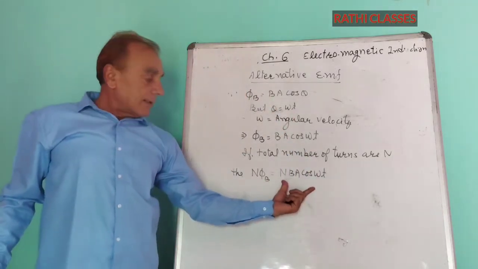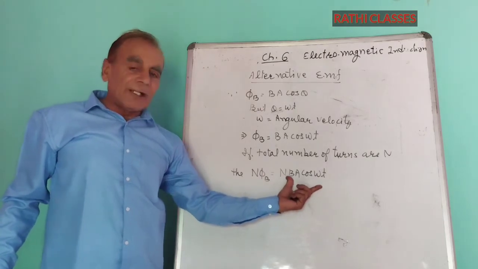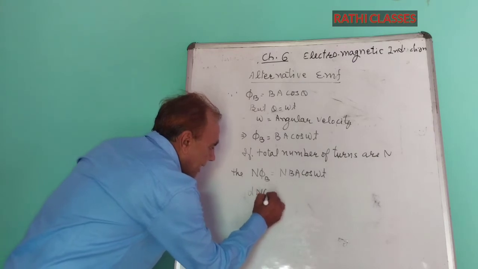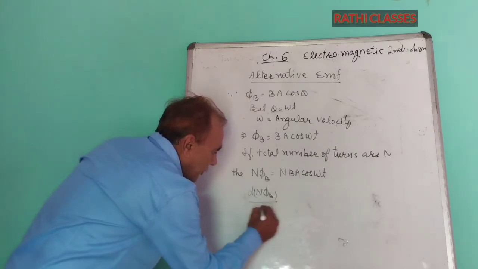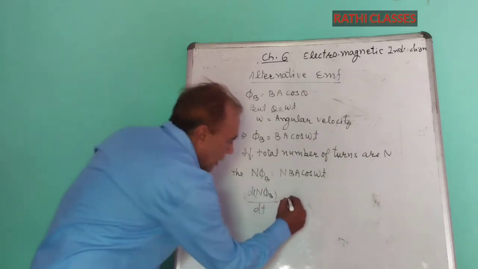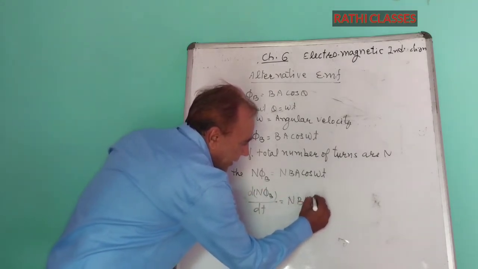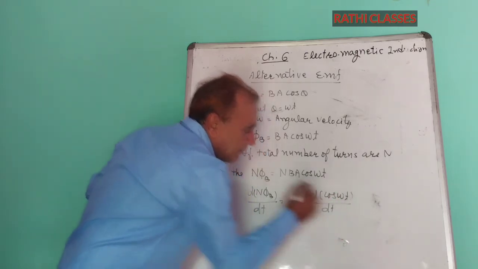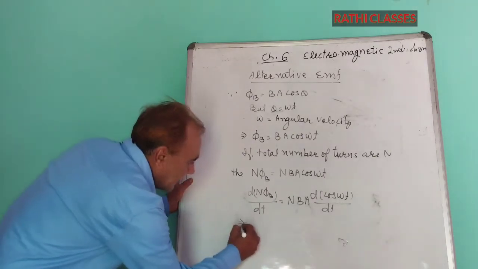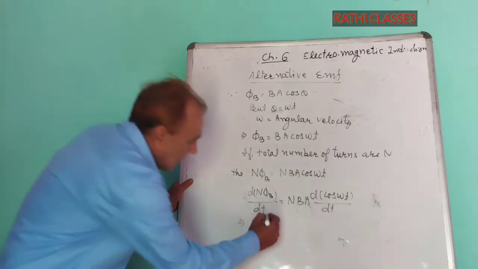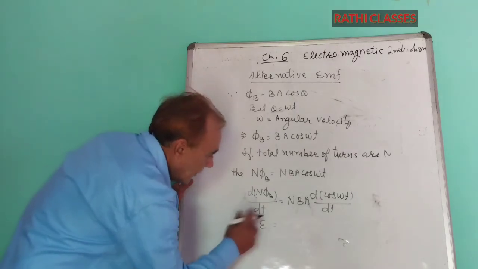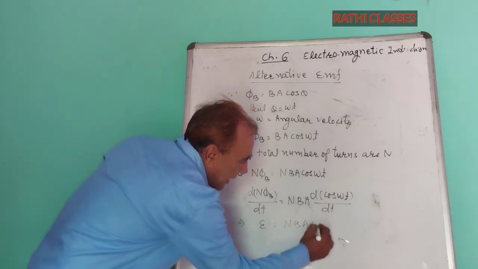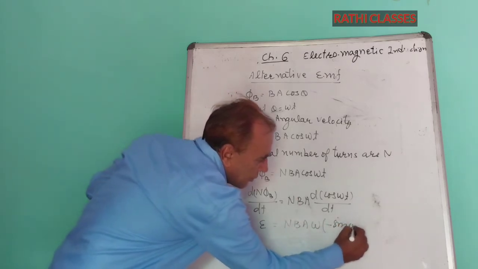Now if we differentiate both sides, then d n phi B upon dt is equal to n B A d cos omega t upon dt, implies minus E is equal to n B A omega minus sin omega t.